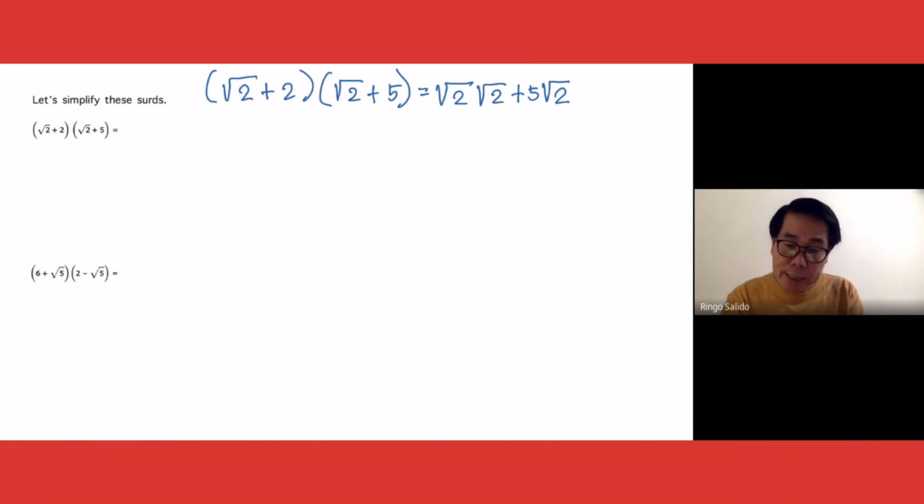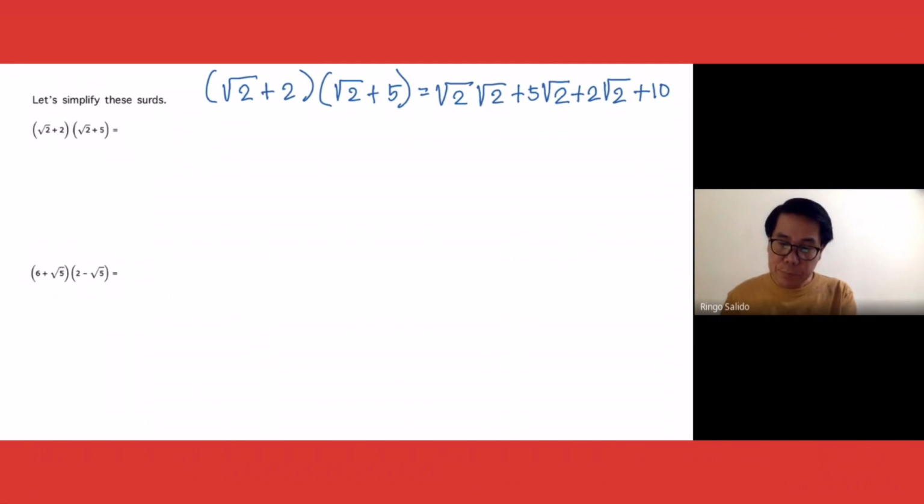The inside: 2 times root of 2 will be positive 2 times root of 2. And then the last is positive 2 times positive 5, which gives us positive 10.